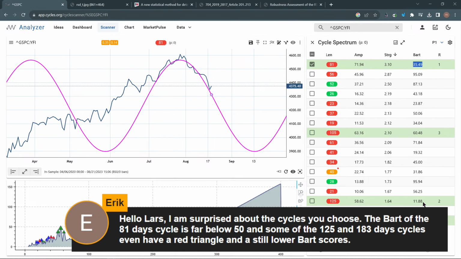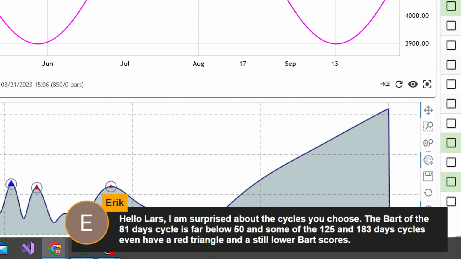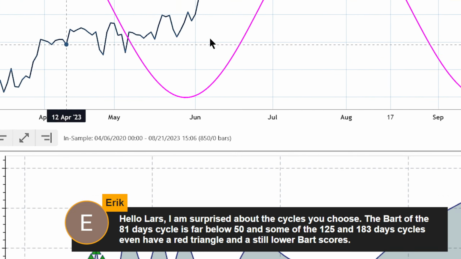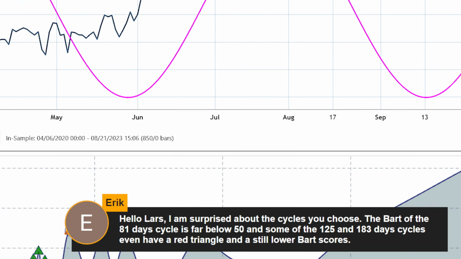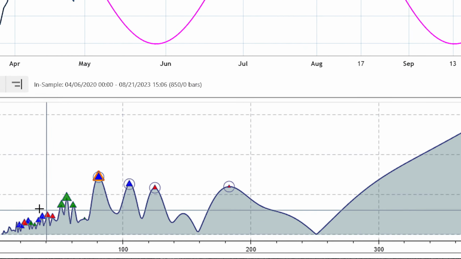So the reason to pick these cycles, if you just go with the Bartels score from the spectrum, is this.